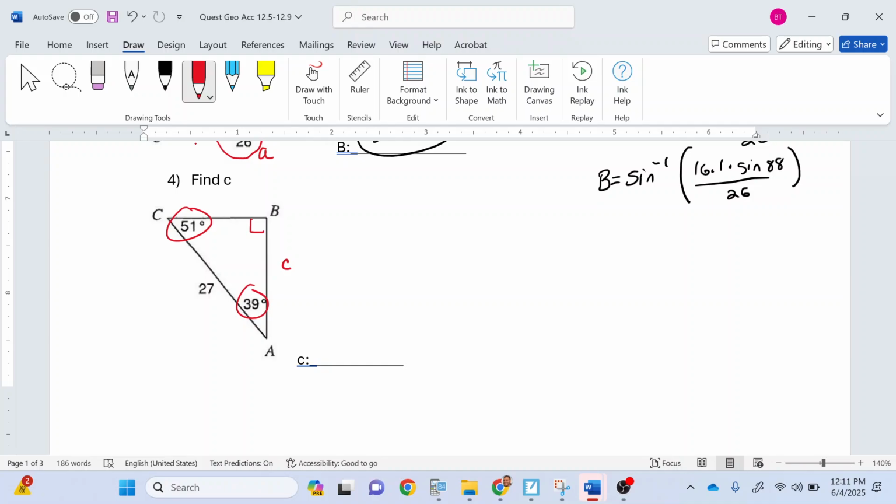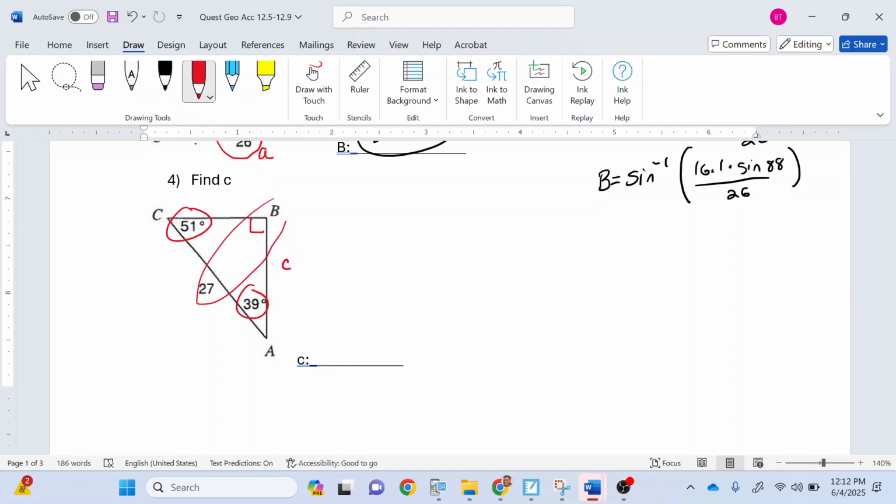You can use law of sines. In this case, because there's a right angle, you could just use normal trigonometry, which is perfectly fine. But let's use law of sines just to see if it works no matter what.